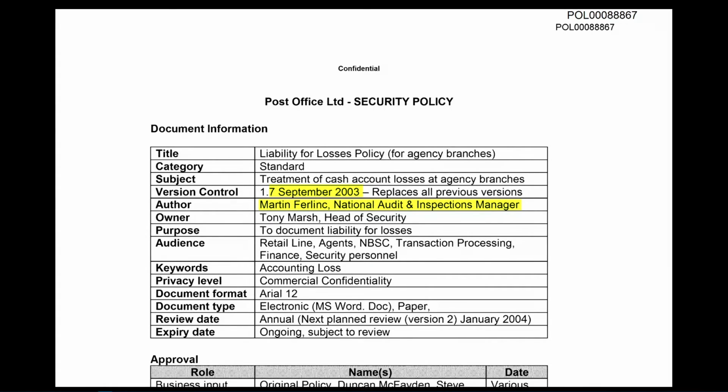Now, just help us understand the connection between the author here and the owner. You write the thing, yes? What does the owner mean? What does that mean in terms of the Post Office? He owns the policy, he authorises the policy, he gives oversight to the policy. Right. Does that mean that in terms of your drafting of this, it then goes to Mr. Marsh, and Mr. Marsh then approves it for further work or use within the organisation? Yeah, how does that bit work?